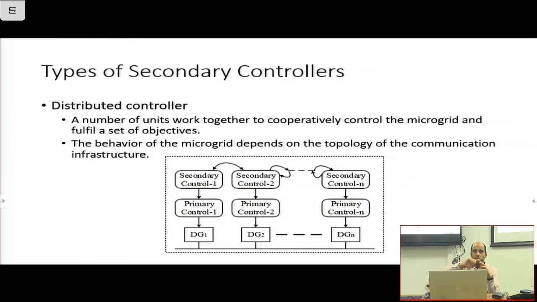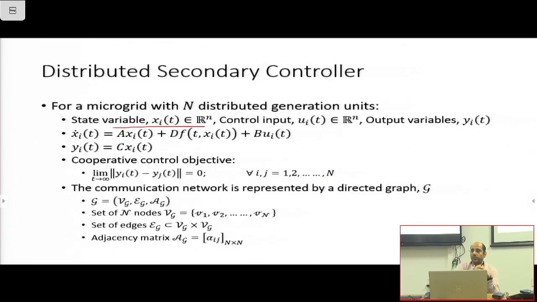So first to second, second to third, or maybe second to first also, two-way communication is there. So any ith source will communicate to the jth source, and what we try to achieve then is a cooperative control. We try to achieve a consensus between the outputs.